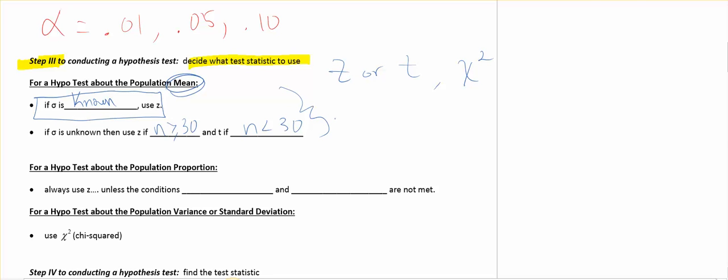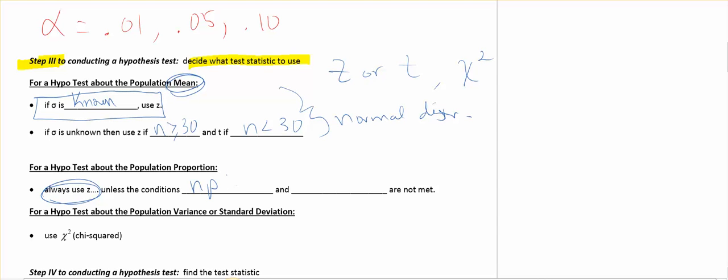Now, you still have to have a normal distribution, or you cannot use either one of them, and we're talking about a senior level stats course. So we're going to assume normal distribution if it doesn't tell us, unless we're on MyMathLab, because it will ask which one to use. For a hypothesis test about population proportions, you always use Z unless the sampling is too small.